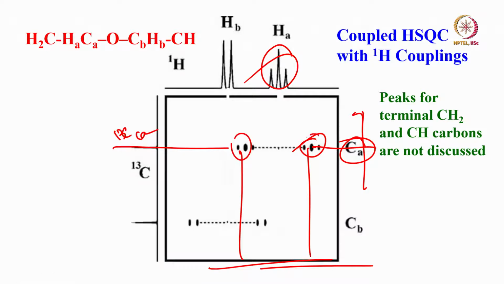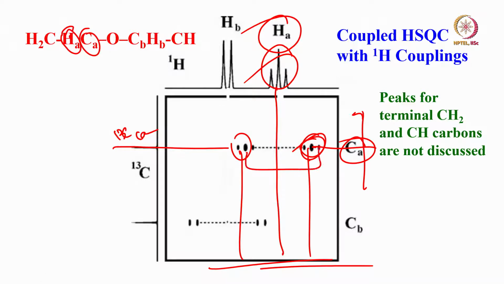This is a triplet, this is a triplet. Exactly at the center of this corresponds to the chemical shift of proton A. But each of these satellites you see is a triplet. Why are they triplets? This carbon is a doublet here because of this large coupling, and each line of the doublet is a triplet because of coupling with 2 protons. As a consequence, each satellite is a triplet.